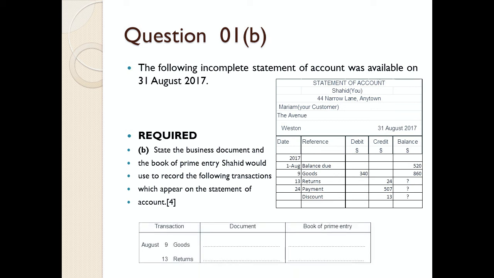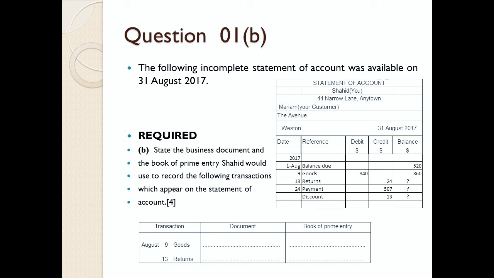On the 9th, what document will you use for this transaction? You are selling goods, so definitely you have to give a sales invoice, and credit sales are there, and your primary book of entry is the sales book.